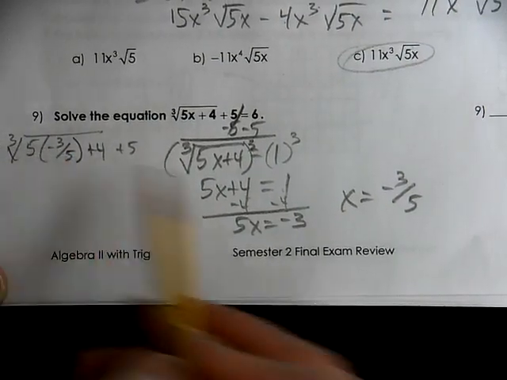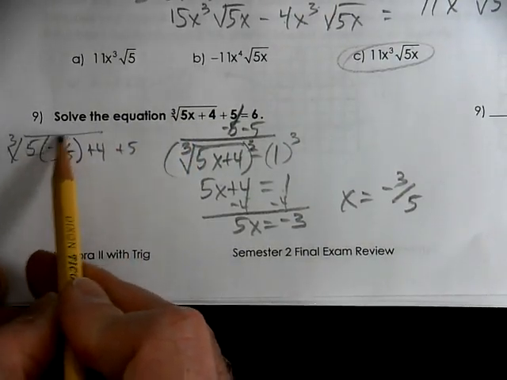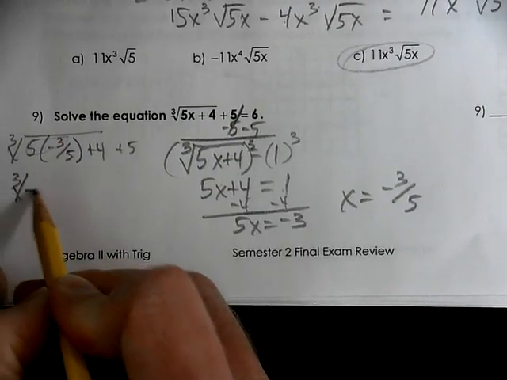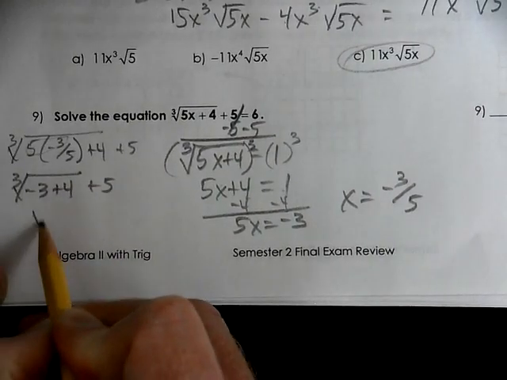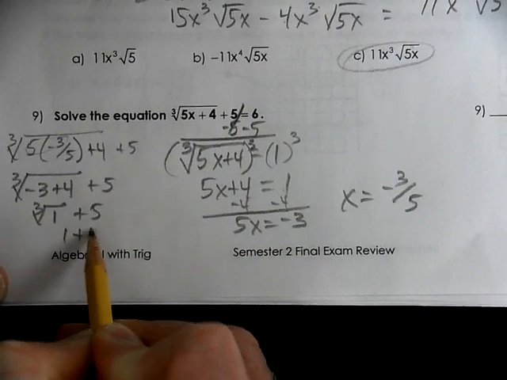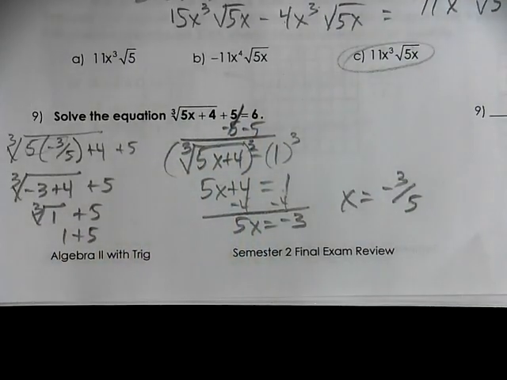So I plug in my negative 3/5 in for x. That's 15 divided by 5 is negative 3. That's the cubed root of 1 plus 5. That's 1 plus 5. And yes, that equals 6. That's perfect.